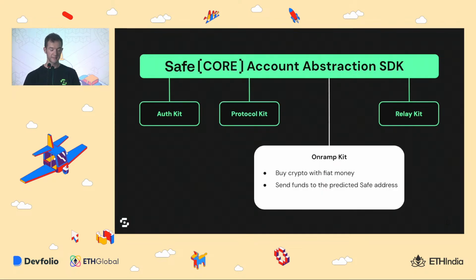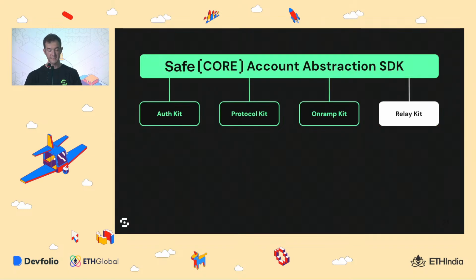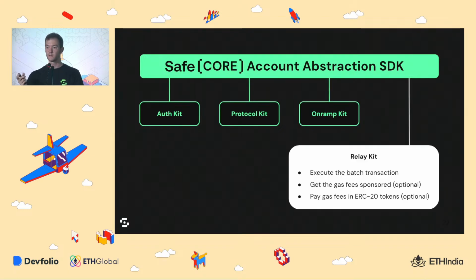Then the on-ramp kit will allow users to fund their, until that moment, non-existent Safe and fund this address, so they will be able to purchase the assets later. And finally, the relay kit will allow executing the batch transaction, deploying the Safe and executing all the next transactions to buy the NFTs.